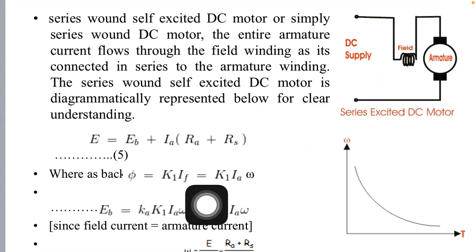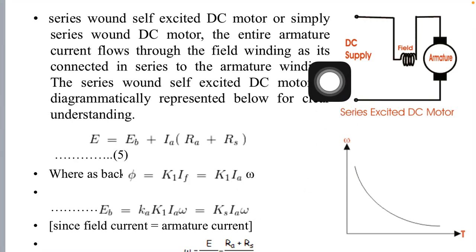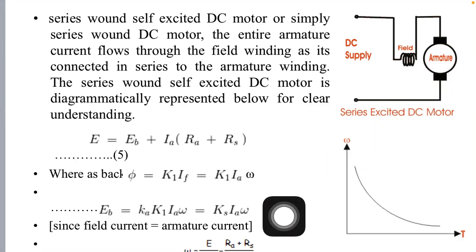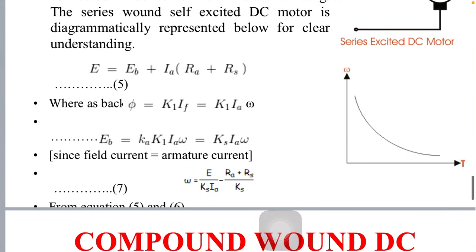Now flux is equal to K into If. We know that Eb is K1 Ia into omega. That is equation number 6. Now putting equations 5 and 6 together, finally the Eb equation is K into K1 into Ia into omega, replacing K with Ks, so it is equal to Ks into Ia into omega.